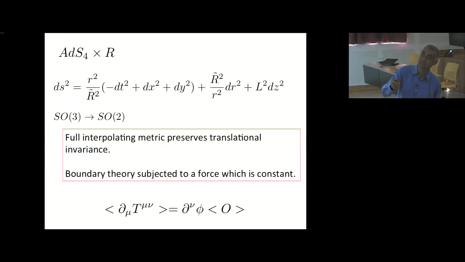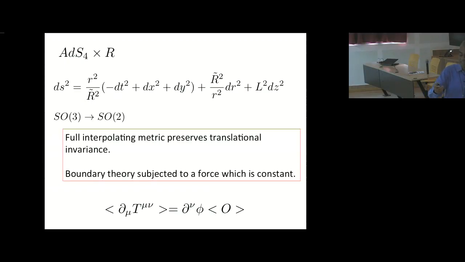So the other directions contract as you go towards r equals 0, that's away from the boundary, but the z direction stops contracting, okay? And so this is AdS4 cross R. So it's a very simple kind of attractor geometry that you end with in the infrared.